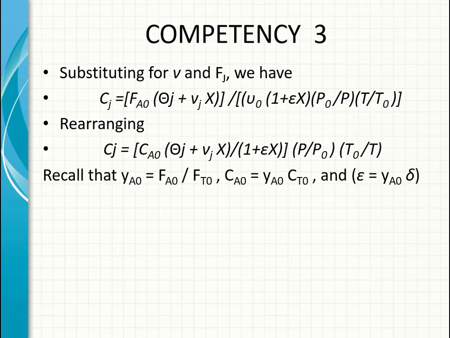Rearranging terms, we will have that Cj is going to be Ca0 times theta J plus nu J times X divided by 1 plus epsilon times X, all that multiplied by P and P0 and T0 and T. And we must recall that yA0 is equal to Fa0 divided by Ft0, Ca0 is equal to yA0 Ct0, and epsilon is equal to yA0 times delta.